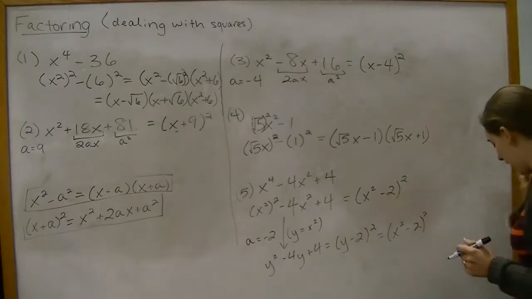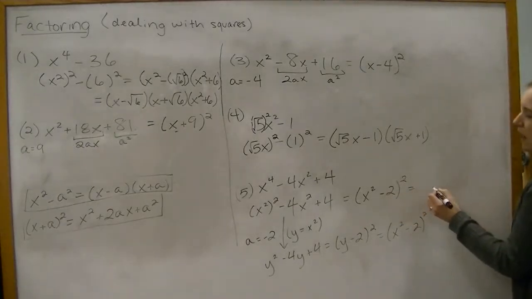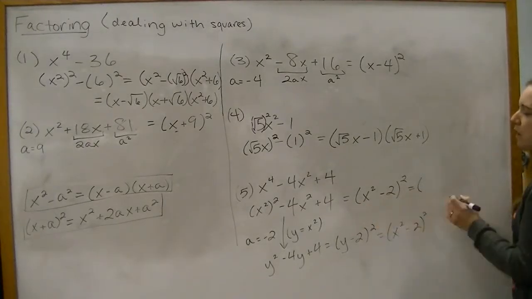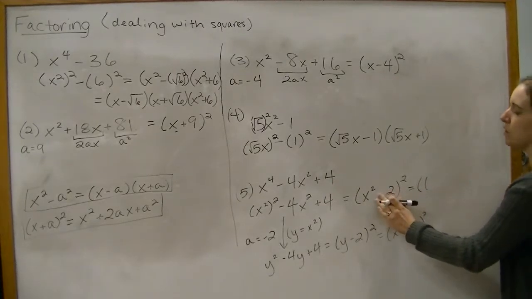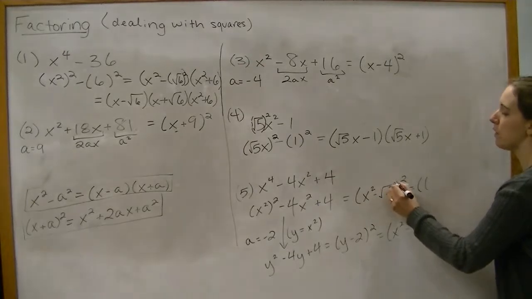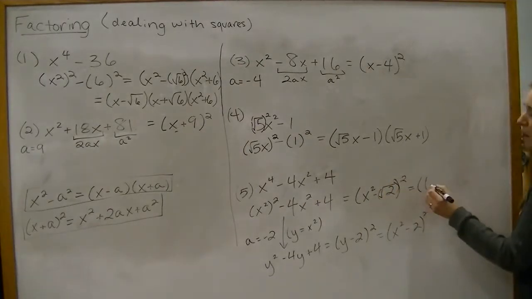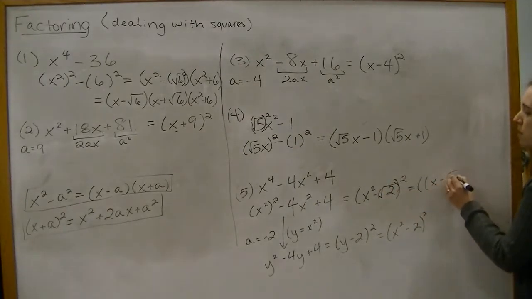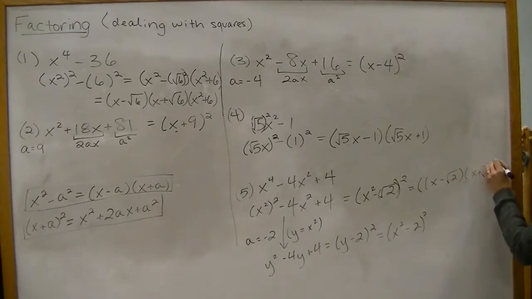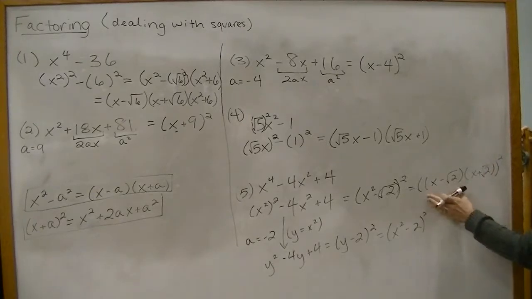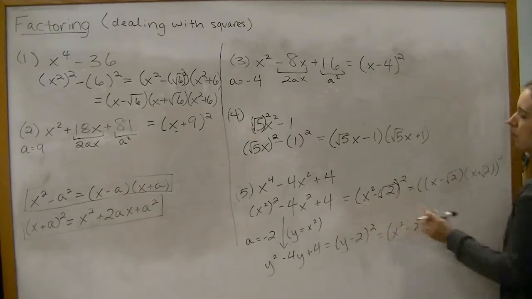Now we could go ahead and actually do the difference of 2 squares here, right? So we have x squared minus 2. Well, we can rewrite 2 as the square root of 2 squared. So we have x minus the square root of 2 times x plus the square root of 2. And I'm squaring that whole entire thing since I was squaring all of this.